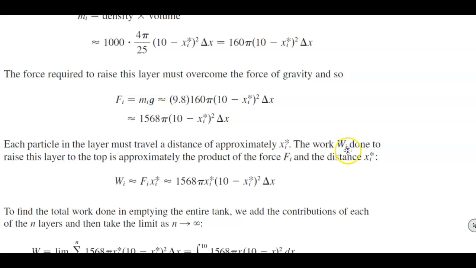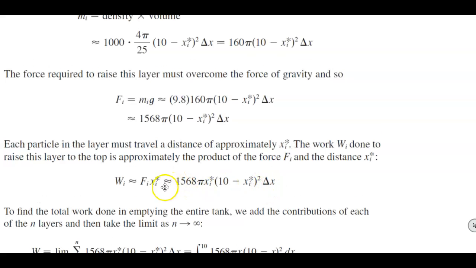So the work done to raise this layer to the top is approximately the product of the force and the distance. So we're going to take the force and then multiply by its distance, which gives us the following result: 1,568 pi x subscript i times 10 minus x subscript i squared delta x.